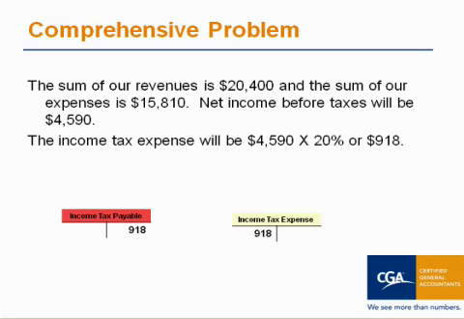Now, we haven't paid the income taxes yet, but we will record the expense by debiting income tax expense, $918. We will also record the liability. We have to pay our income taxes payable by crediting income tax payable, $918. And those amounts will be carried over to our adjusted trial balance.